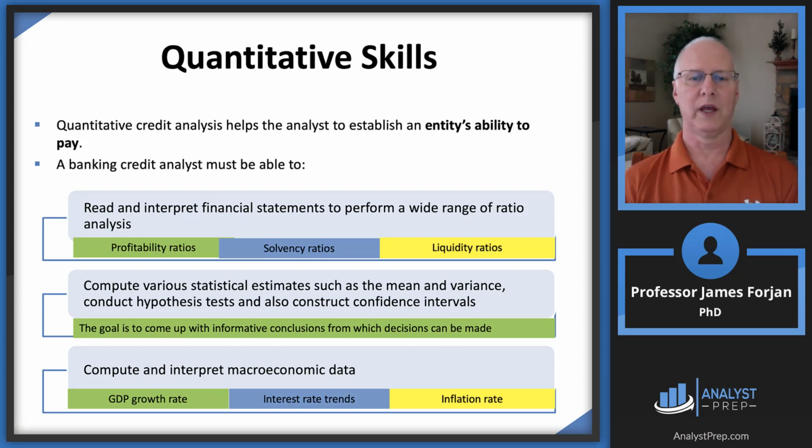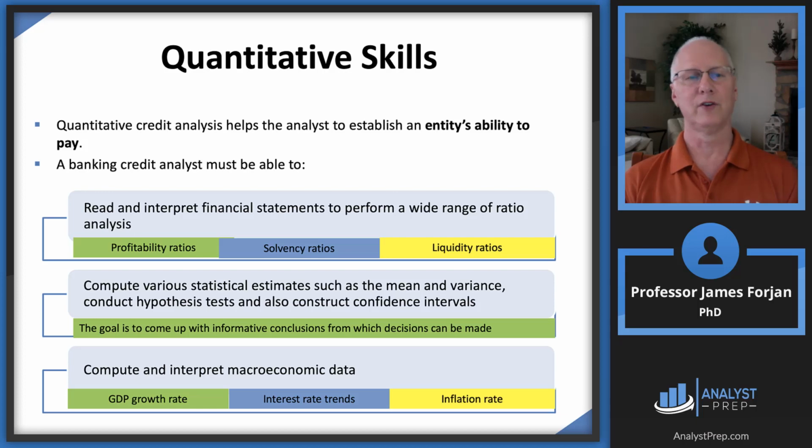So notice the essentially 3 skill sets that the chapter presents to you. A banking credit analyst must be able to, this makes perfect sense, right? Read and interpret financial statements. Not only to be able to take a look at a financial statement, which we'll do in a couple of slides, but be able to take a look at those financial statements and then arrive at some reasonable conclusions.